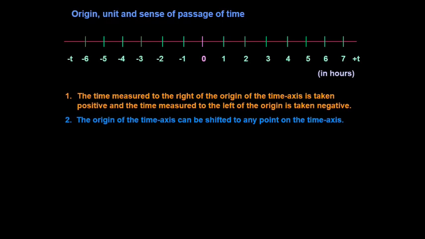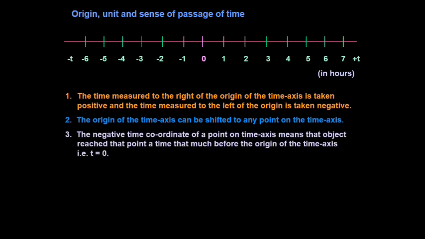So 7:55 may be represented as 7:55 minus 7:20, which is 35 minutes. So 35 may be plotted on the t-axis. The negative time coordinate of a point on the time axis means the object reached that point that much time before the origin of the time axis.